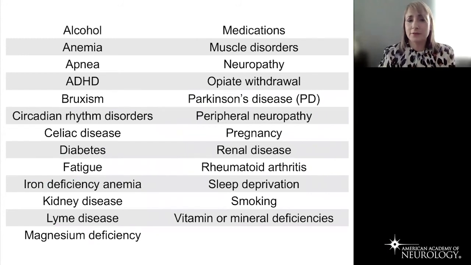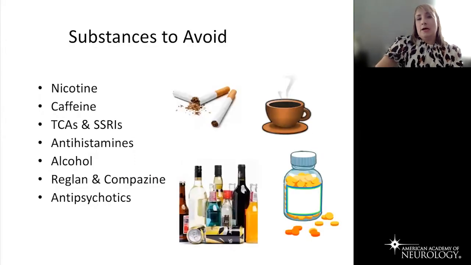So these are some of the other disorders or behaviors that could be associated with restless leg syndrome. Especially neuropathy, and certain medications, like some of the dopamine antagonists, can make RLS worse. So you definitely want to look into those. Again, substances and things like that can make RLS worse.